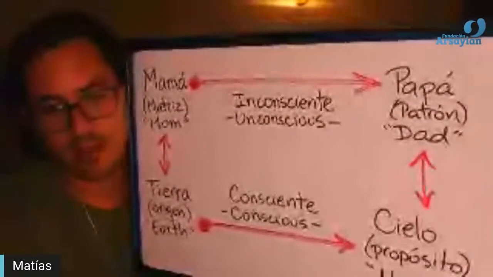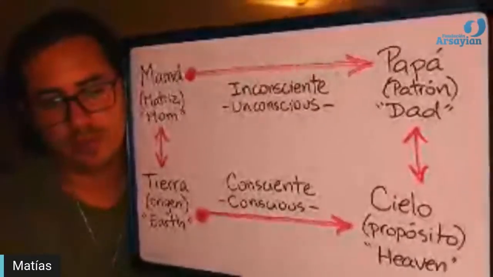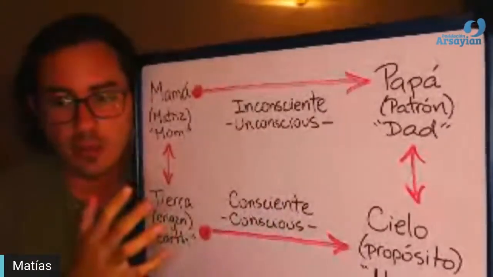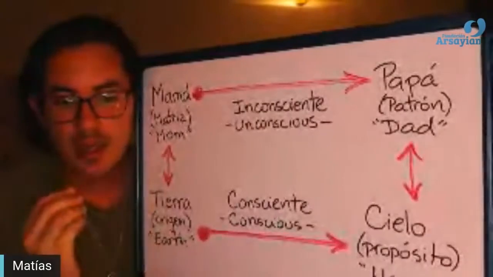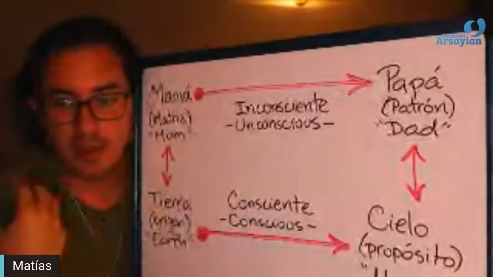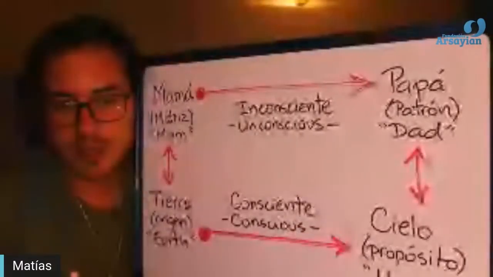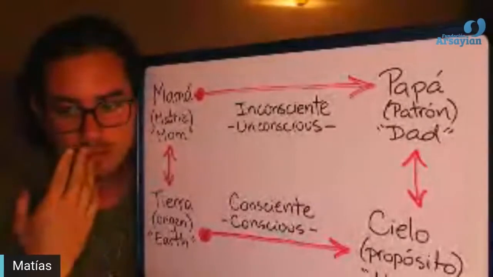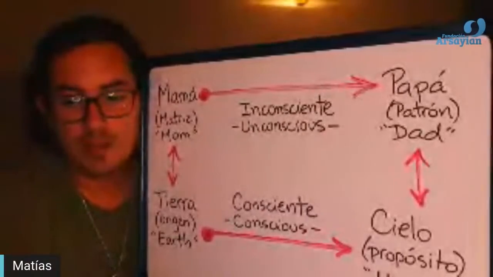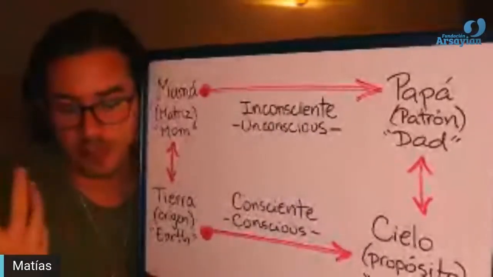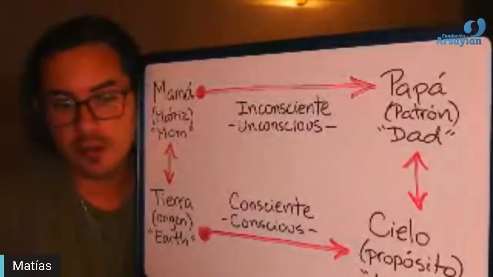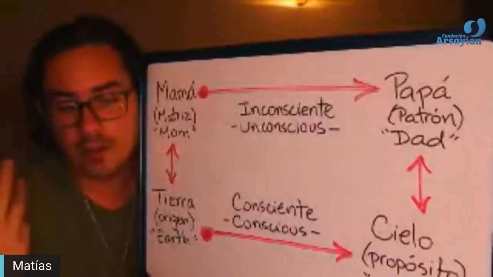So let's analyze how this works. First of all, to understand this, we have to remember that the idea of having a mom and a dad is something that, for us as mammals, we have been keeping in our unconscious for thousands of years, because we have been evolving with the concept of having a mom and a dad, a mom from where we come from and a dad that we have to follow.